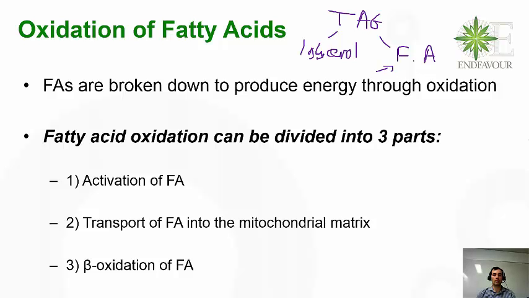We actually need a different reaction to make use of these. So the fatty acids are actually broken down through an oxidation process, and the oxidation process that we do is called beta oxidation. So beta oxidation is a process which takes place in the mitochondria.